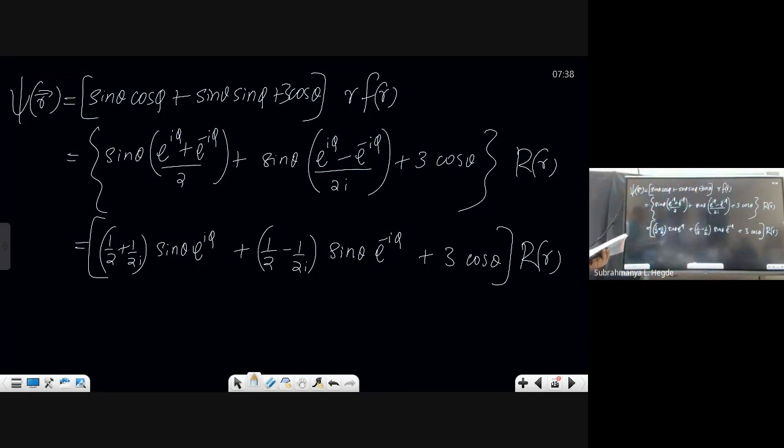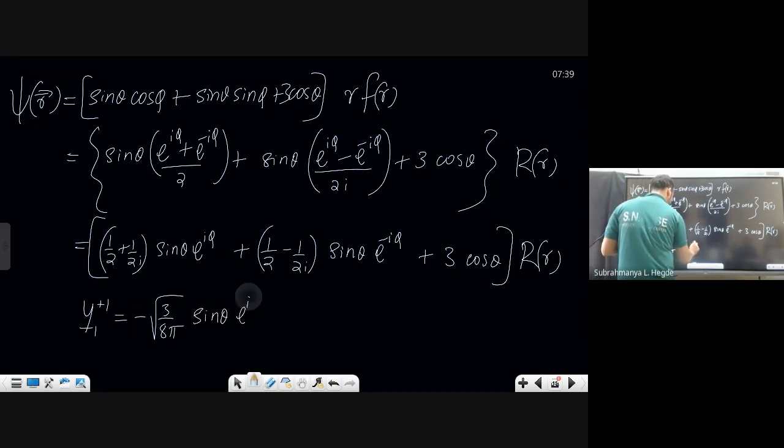So now what I'm saying is you need to list them out. You need Y11, am I right? Y11 is equal to minus root of 3 by 8 pi, sine theta e^{iφ}.